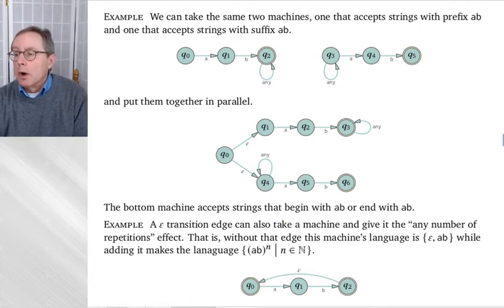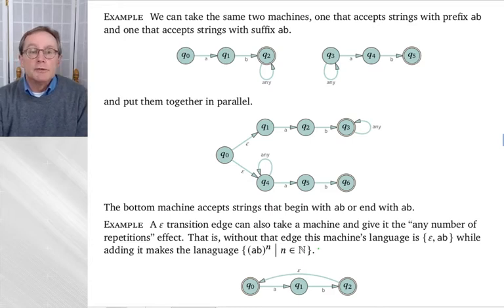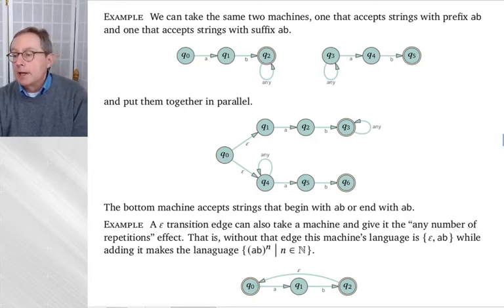Okay. One more thing that I want to express that epsilon transitions can do for you is that we saw, when we first introduced finite state machines, the example of any number of repetitions of HEF. So here you can get that same sort of thing, AB and back to Q0, AB and back to Q0, AB and back to Q0.